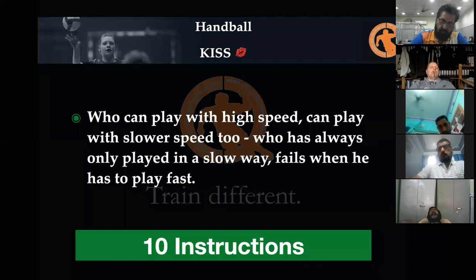But if you have always been playing in a slow way, and then you need to play fast, you will fail, you will struggle. So that's why always focus on high speed in training and competition. Don't give the players the chance to slow down easily every time. In general, they have to train and have to play in a fast way. This is what we need to develop handball.